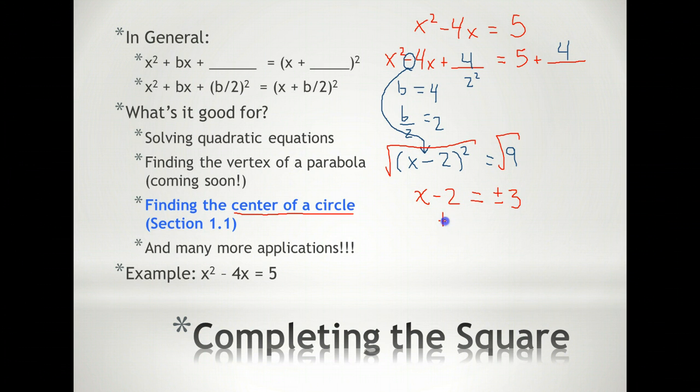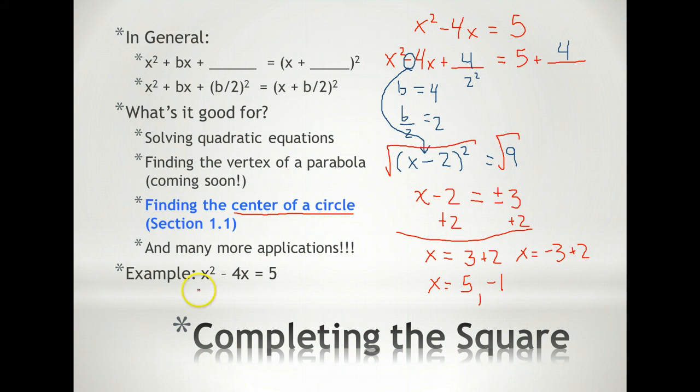Again, I don't care what x minus 2 is, though. I want to know what x is. So I get two answers. x equals positive 3 plus 2, or I get the negative, x equals negative 3 plus 2. So that means that x equals 5 or x equals -1.